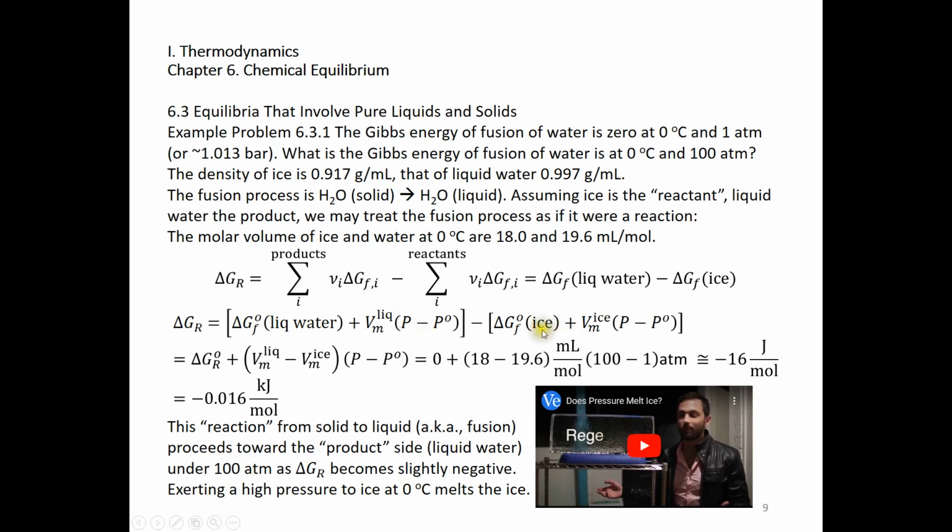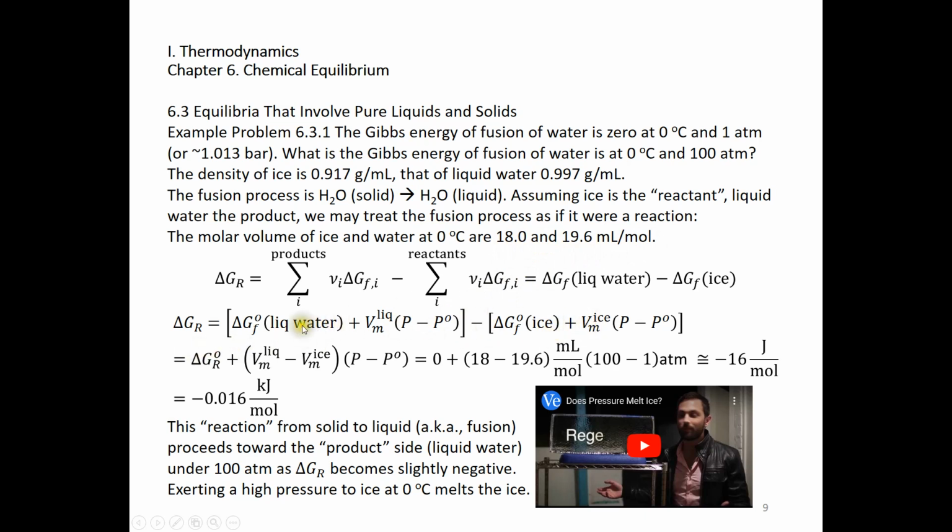And for ice, we have the standard Gibbs energy of formation and the molar volume of ice times the pressure difference. The reason we can do this is because we're assuming the molar volume of a solid and the molar volume of a liquid do not really depend much on the pressure. Although we're changing the pressure from 1 atm to 100 atm, the molar volume is still roughly this and this. They are roughly constant. That's why.